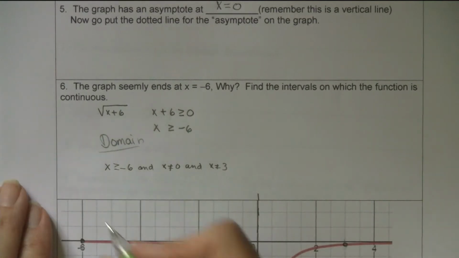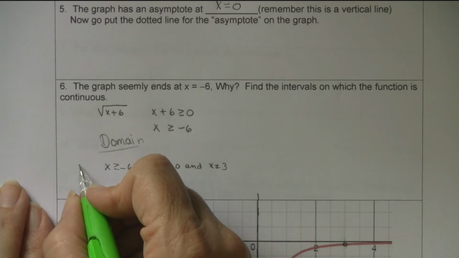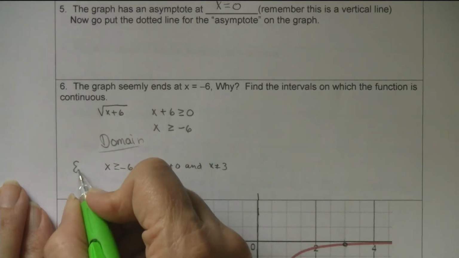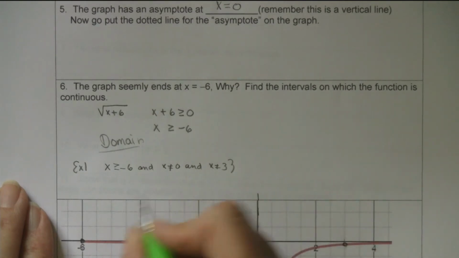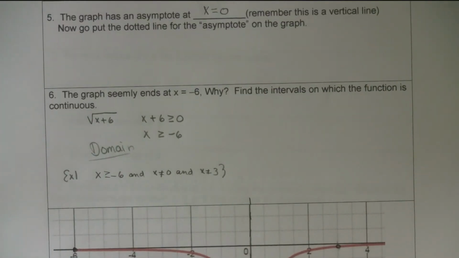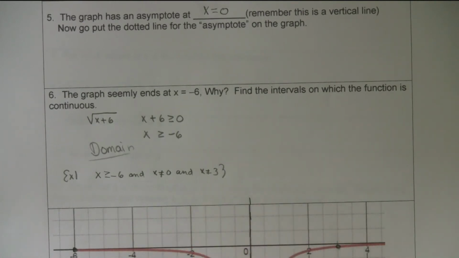So those would be the things, and they would probably in your book throw some fancy set bracket stuff, x such that, and then these conditions about x, right? It didn't ask you for the domain, but the minute I wrote that this is the domain, I realized, oh, wait a minute, I need to throw some things out.